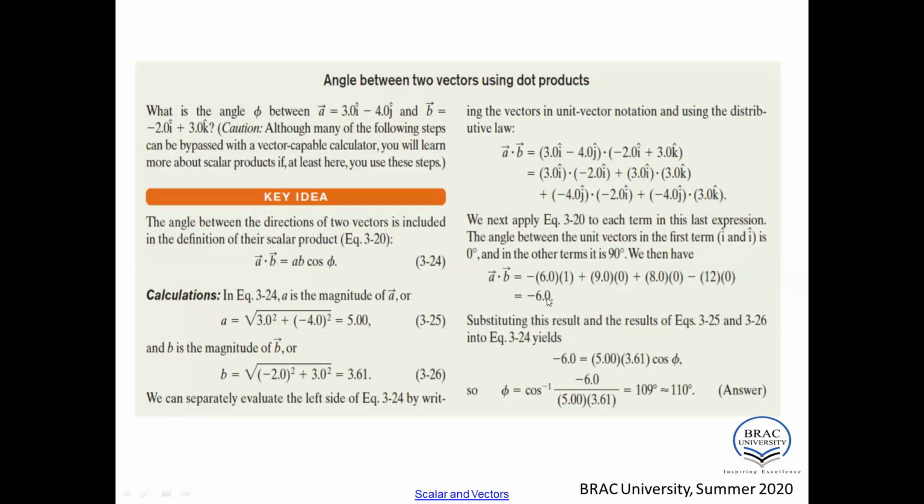So the final answer is minus 6. So finally A dot B equals minus 6. Then phi equals cos inverse of the dot product minus 6 divided by the magnitude of vector A, 5, and the magnitude of vector B, 3.61. So your answer is 109 degrees, which is approximately 110. So 110 degrees is the answer.